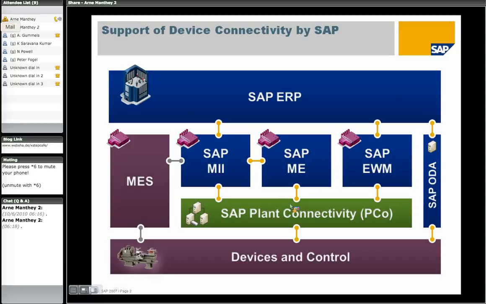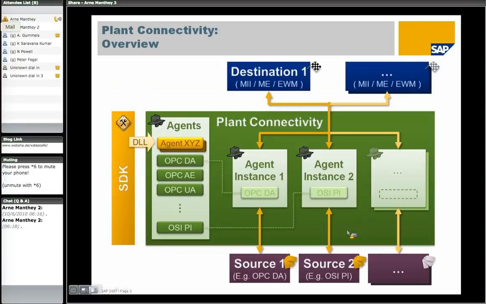And PCo, which I use as a short term here, has now connectivity layers to MII, to SAP ME, and to the EWM, the Enhanced Warehouse Management system. And of course, those systems can then interact with ERP and bring this data further on.